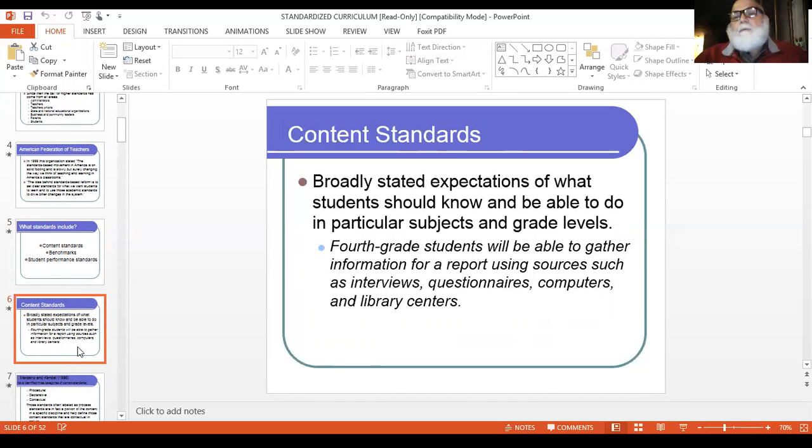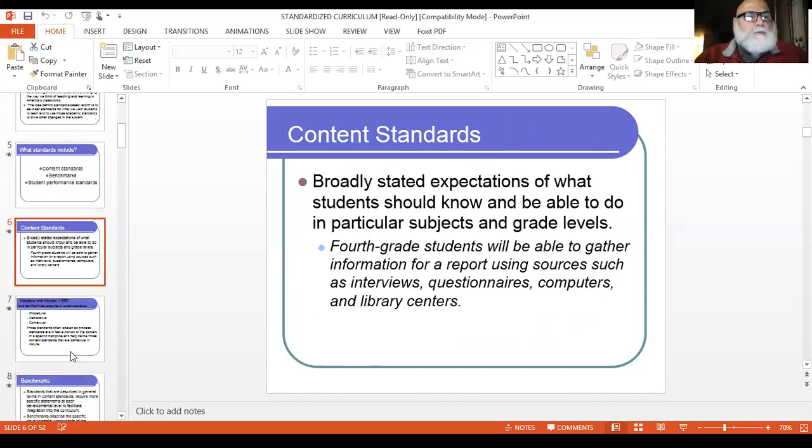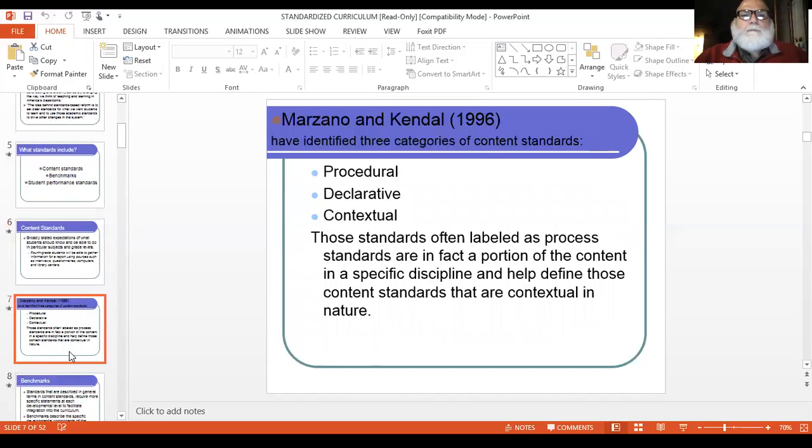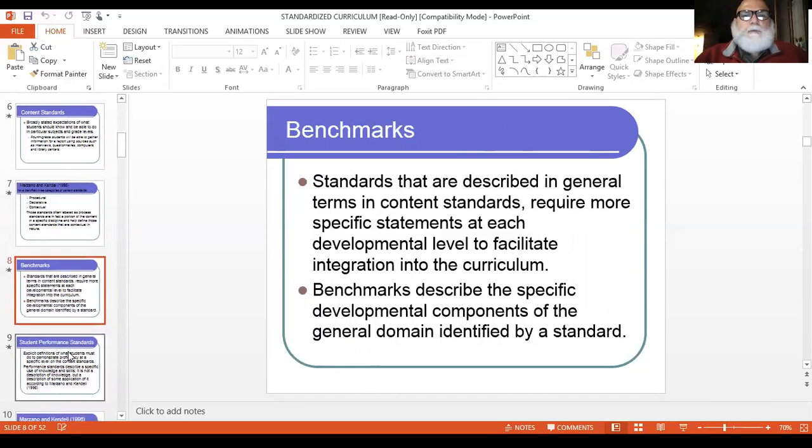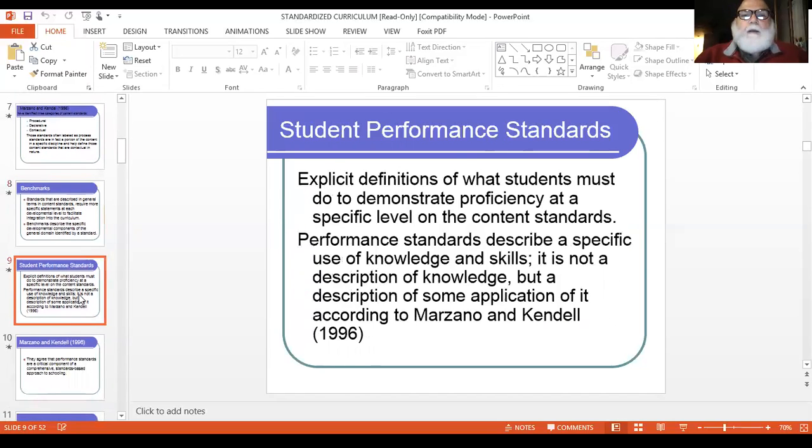Again, we made it grade-level specific, fourth grade for the EOG, and course specific for high school. And we had standards and benchmarks. Standards are described in general terms, and content standards require more specific statements at each developmental level to facilitate integration of the curriculum. A benchmark describes specific developmental components of the general domain identified by the standard. You can read this stuff later.